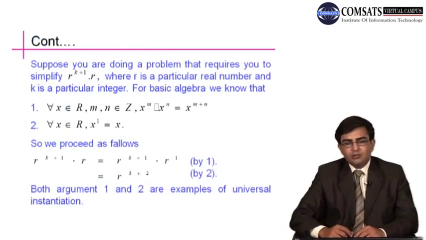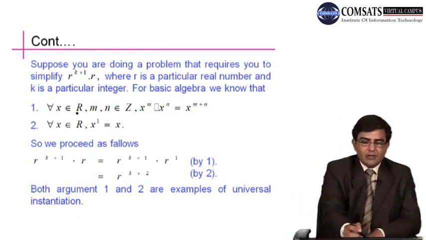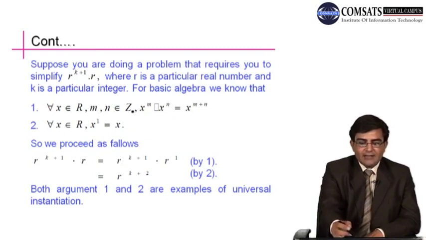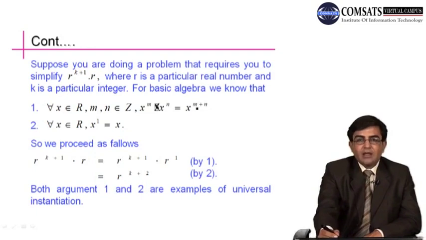Now we can apply this rule in mathematics and in computer science also. For example, in mathematics, suppose you are doing a problem that requires you to simplify r power k plus 1 into r, where r is a particular real number and k is a particular integer. From basic algebra we know that for all x belongs to R, m, n belongs to Z, x power m into x power n is equal to x power m plus n.